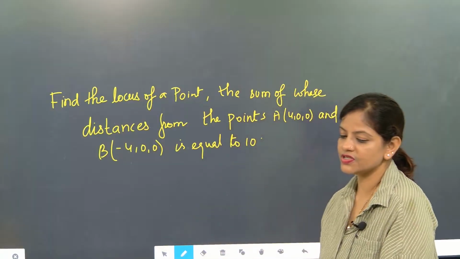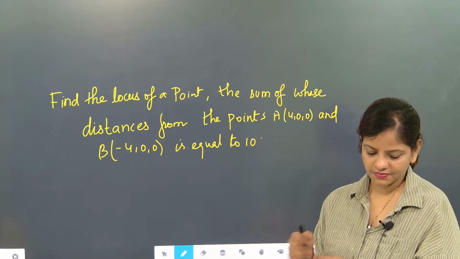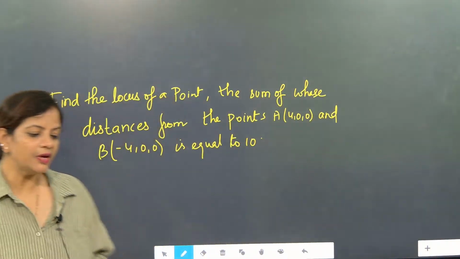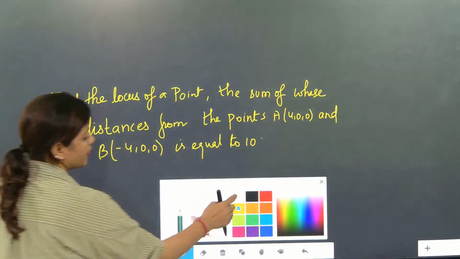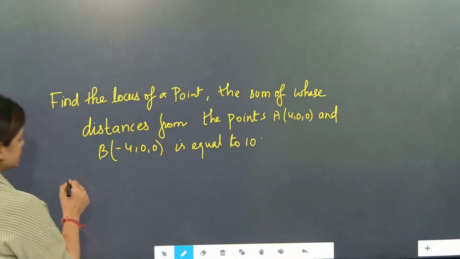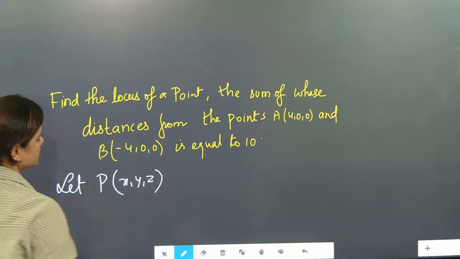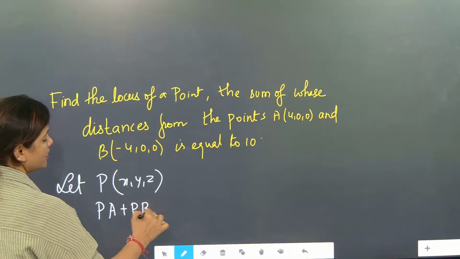Come on, go for this question. Try this question out. So that means let the arbitrary point be x, y, z. First we are going to write the arbitrary point. Let the point be P (x, y, z). That means its distance PA plus PB will be equal to 10.